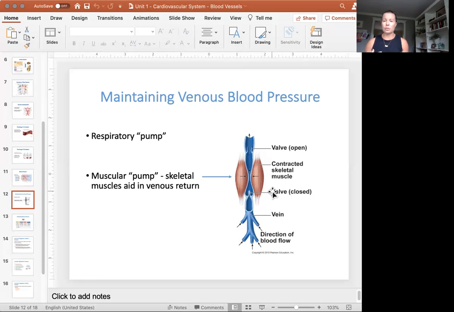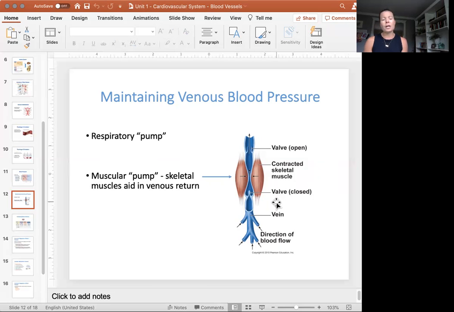As these muscles contract, they squeeze the vein so that it is compressed and blood that was in this vein is forced up. And the blood goes up back into the heart where it should go. So basically, the more active you are and the more muscle movements you have, the better that helps with keeping blood flowing through your body and keeping that blood returning to the heart.